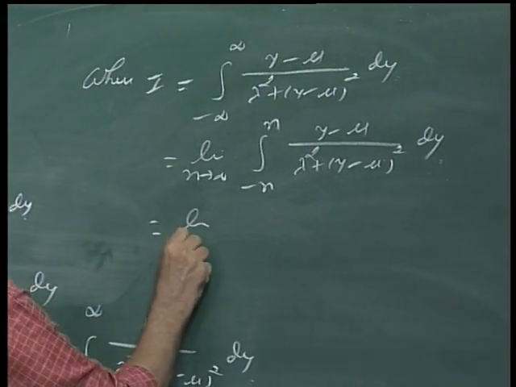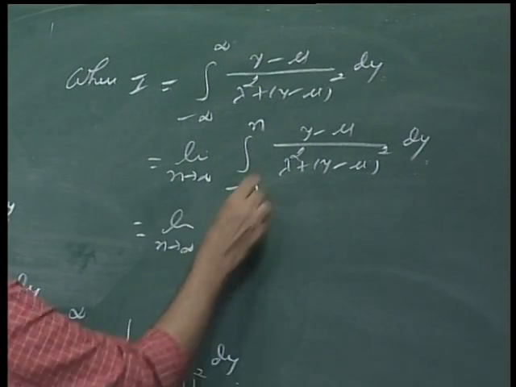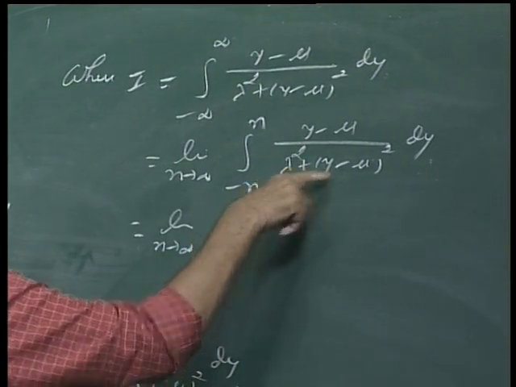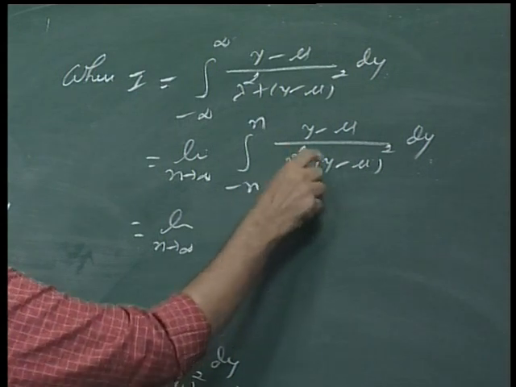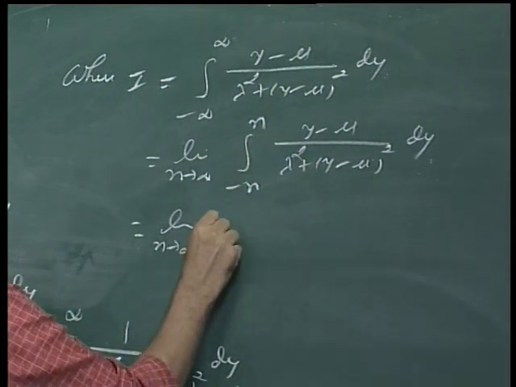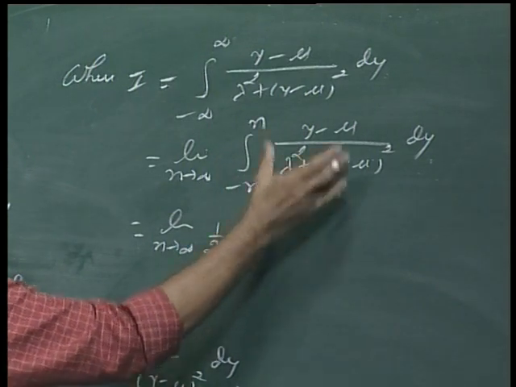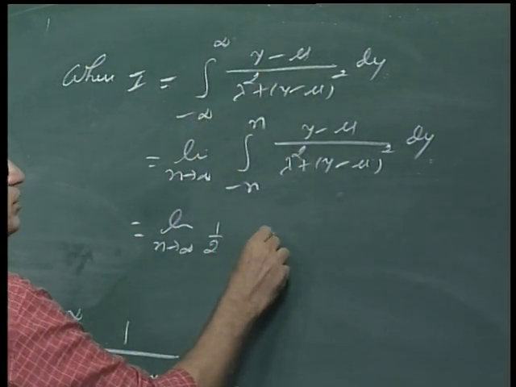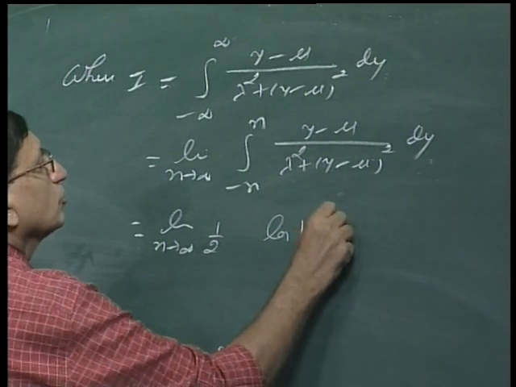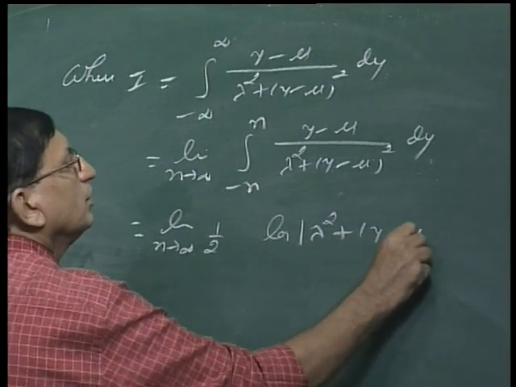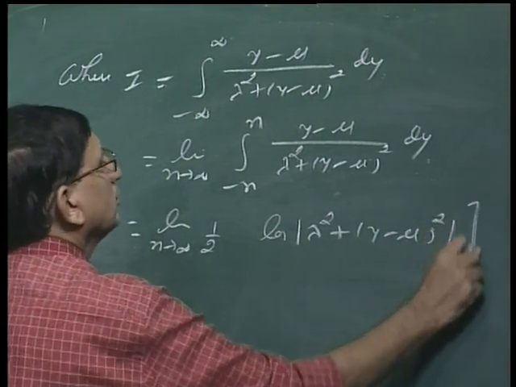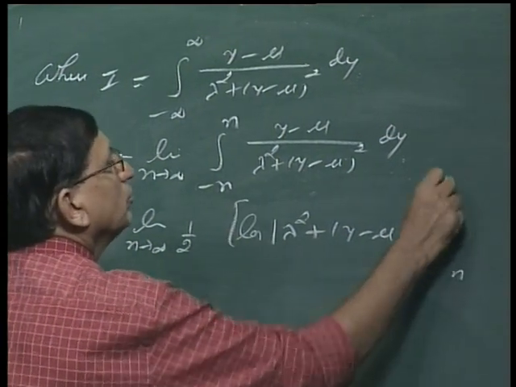Now if we obtain its integral value, if we multiply and divide by 2, then we shall get the derivative of the denominator in the numerator, and therefore it is log of the denominator. So log of lambda square plus (y minus mu) square from minus n to n.